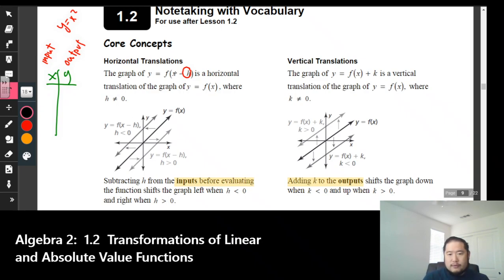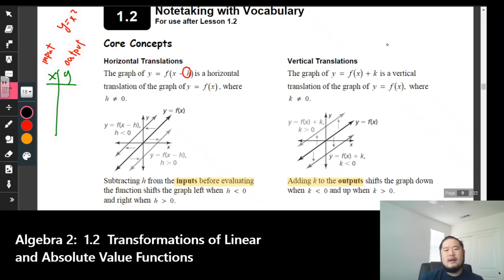When it comes to vertical translations next, we use the variable k to determine whether the function is shifting up or down. And that's what you see right here in the graph that they show you. The difference here is this. For vertical translation, it will impact the output, or what I will say is that it impacts the whole entire function itself.